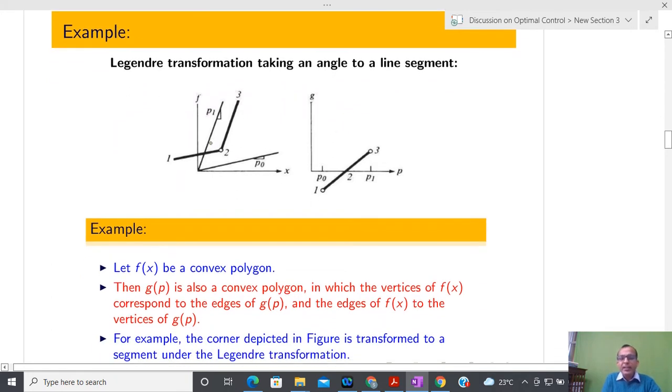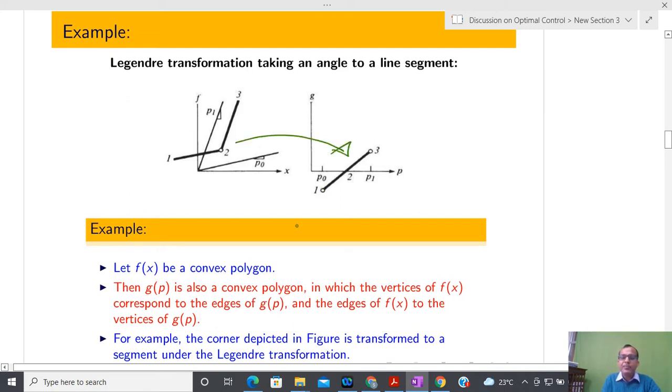Okay, now let us try to see some more examples. So here you can see that if you have some kind of function like this, it is also a convex function. Now whenever I have this kind of convex function, from this chord 2 to 3 I have some kind of slope p1. This chord I have slope like p0. And at that time if you again apply the Legendre transformation, it is possible to show that this kind of curve comes into the picture.